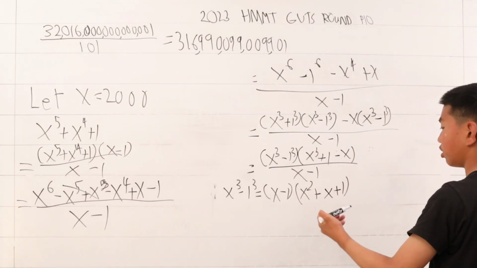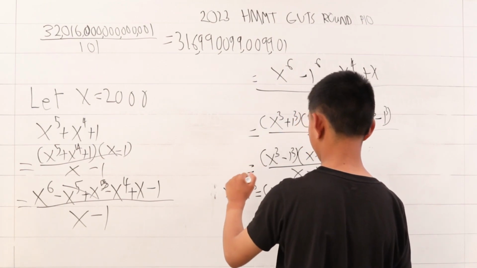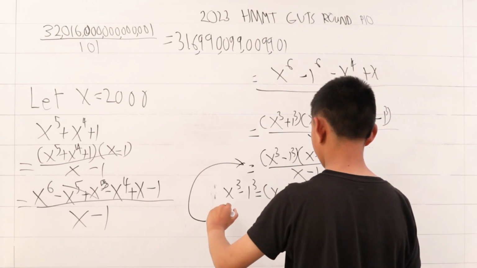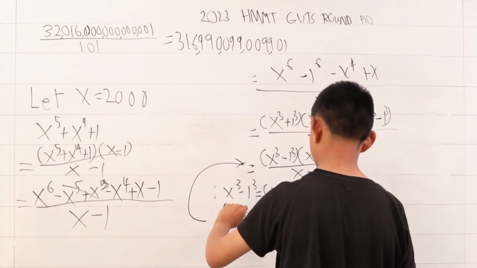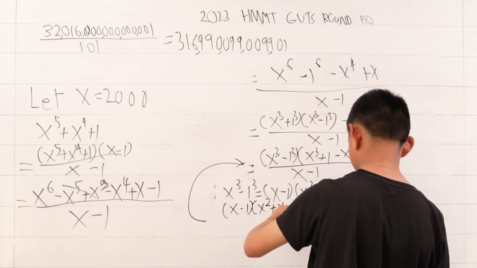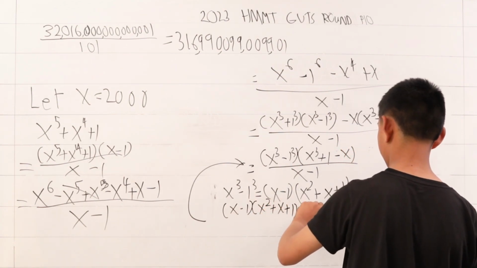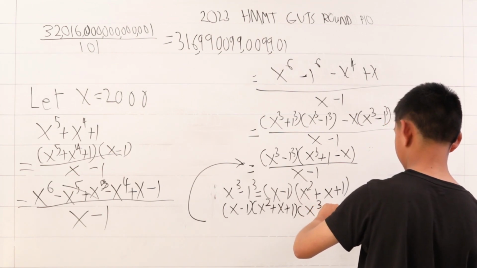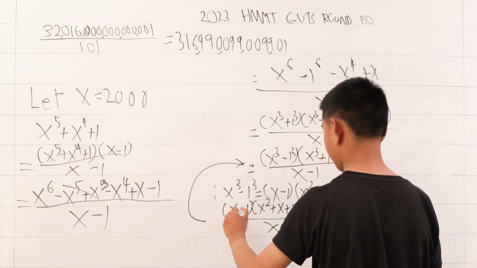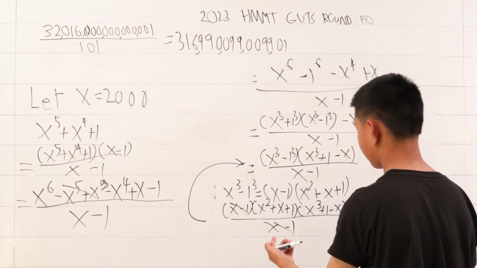So now we see that this expression is equal to x minus 1 times x squared plus x plus 1 times x cubed plus 1 minus x, all divided by x minus 1, but we don't need that since these two cancel out.